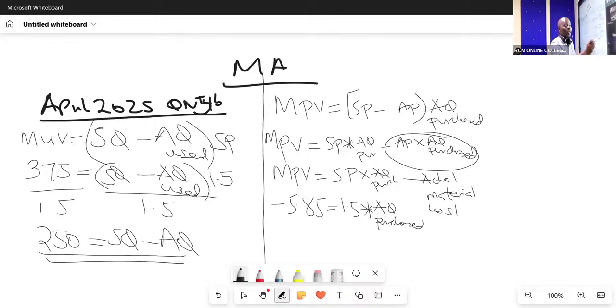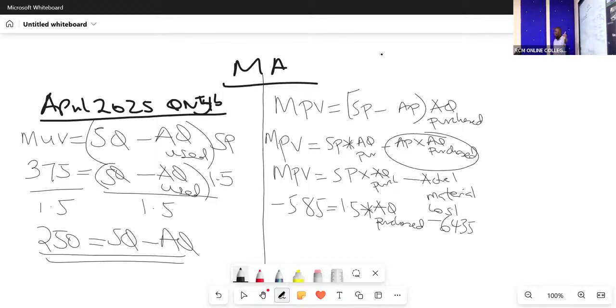But fortunately, I have the actual material cost. That is what my brother gave me as 6435. So then can somebody do some abracadabra and give me now the AQ? Because now I have one unknown with one equation.